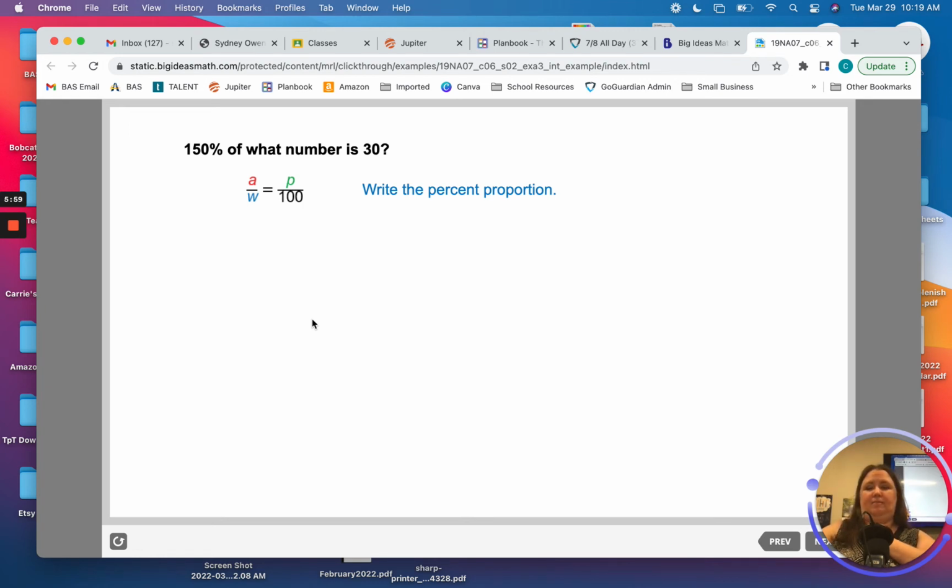What number am I putting for P? 150. Very good. And what does 30 go for? A. So plug those in: 30 for the A and 150 for the P. Cross multiply and divide. What do you get for W?